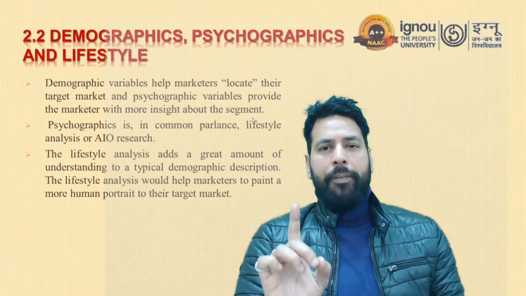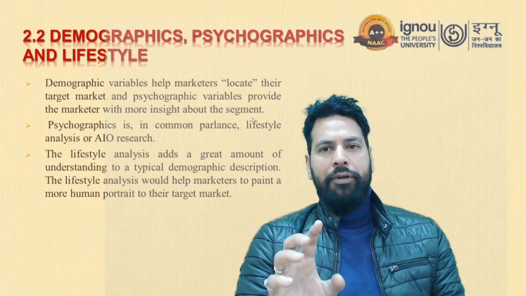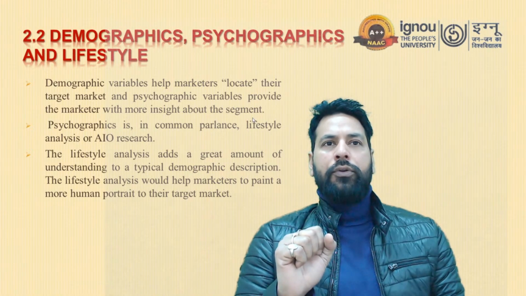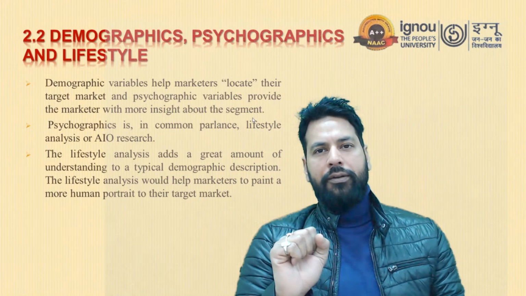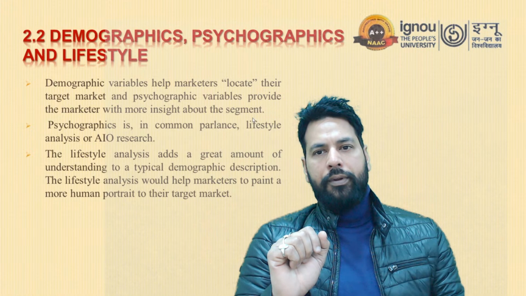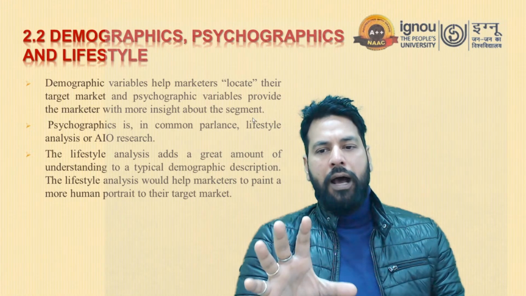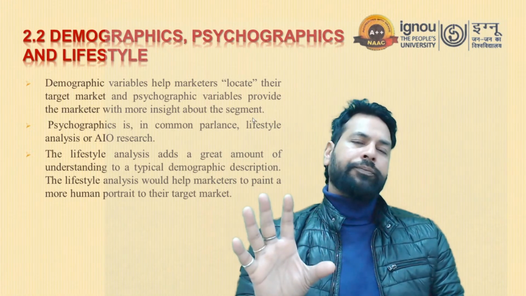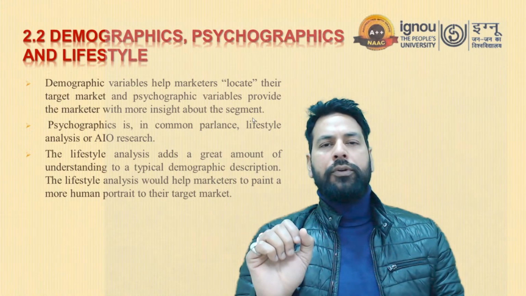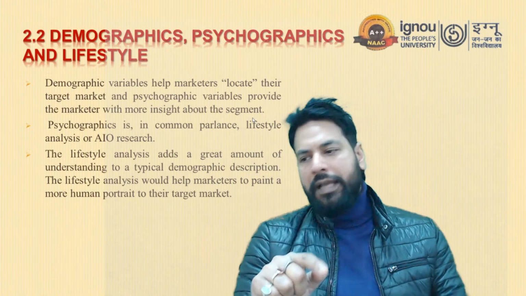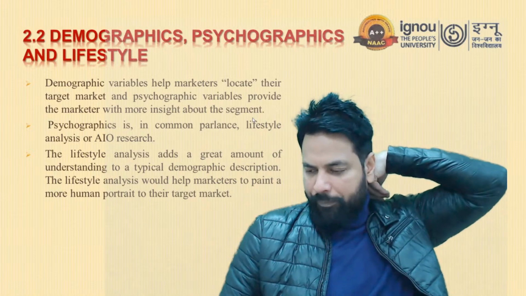So I should be able to target those segments of the market on the basis of these factors. Some products are completely made for youth. Those products cannot be given to somebody who is 40 plus or 45 plus.